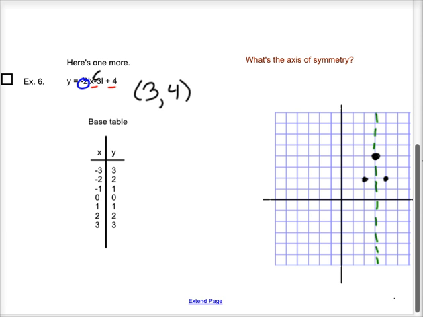Now, down 2 over 1 again, and I mirror that point. Down 2 over 1 again, and I mirror that point. So you can clearly see how solidly I'm getting that V shape, just like I was supposed to.